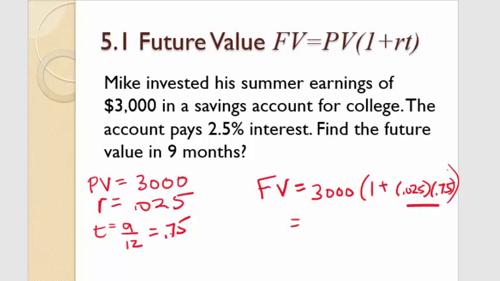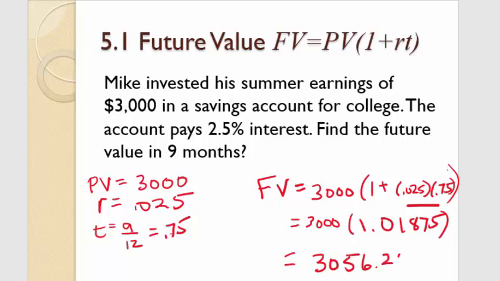So I multiply 0.75 times 0.025, and then I add 1. So I have $3,000 times 1.01875, and that gives me $3,056.25. So, looking at the question and making sure this makes sense, the future value after 9 months, if I invest $3,000, means I'll have $3,056. Or I've earned $56.25 worth of interest.